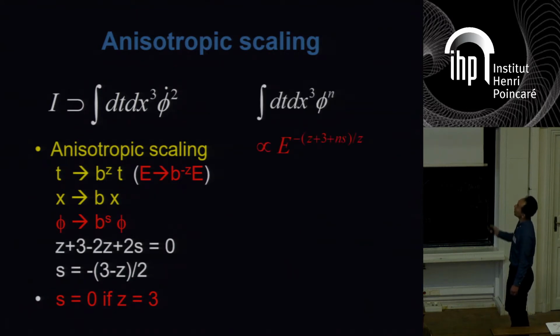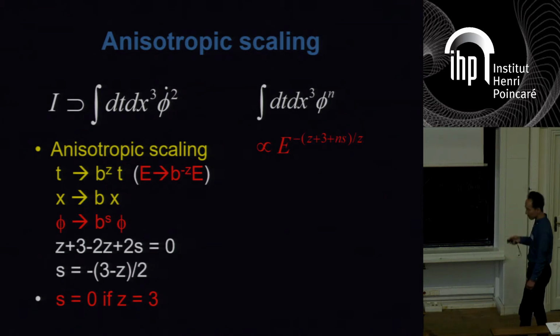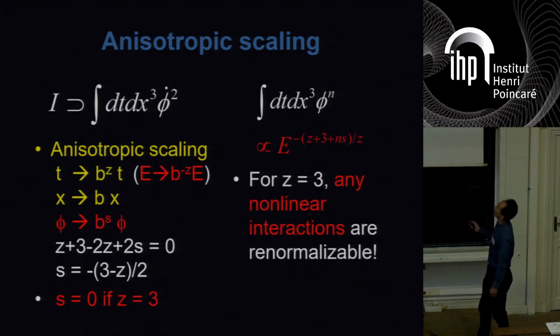Let's consider this kind of interaction again. From dt, we get z. Instead of minus 1, we have minus 1 over z because of this minus z here. And the rest is the same. But if z equals 3, then s equals 0, and this number is always negative.